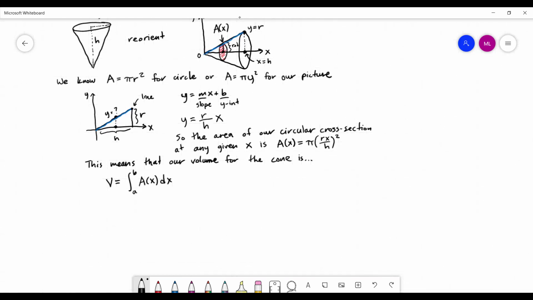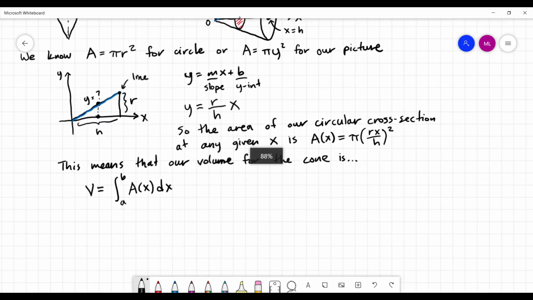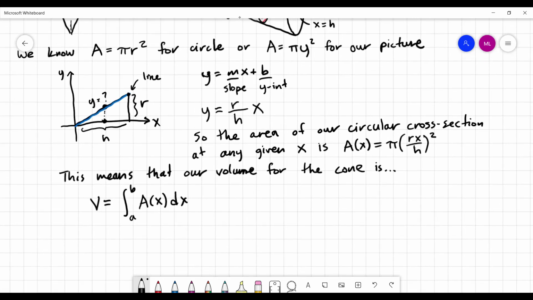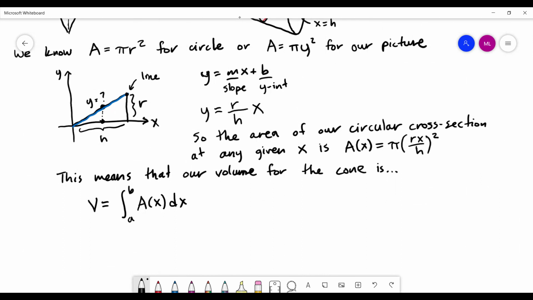But a and b represent our starting and ending points, and in this particular case, we can see very clearly in our picture, it's starting at 0 and going up to h in the x direction. So for us, it's the integral from 0 to h of A(x), which we already found right over here, of pi times (rx/h) quantity squared dx.